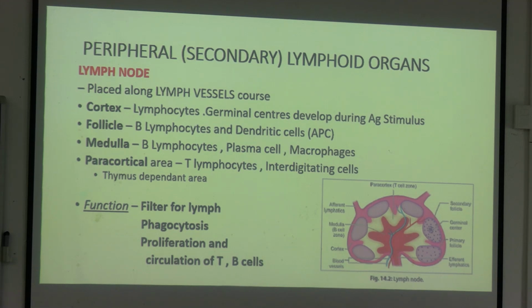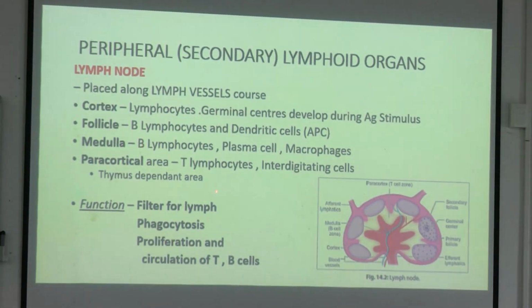Coming to the secondary lymphoid organs, the primary ones, thymus and bone marrow, are done. Now the secondary lymphoid organs, most important is the lymph node. I'll not go into the details of the lymph node locations, you will be knowing it. Lymph nodes are located along the lymph vessels. Okay. Now they are divided into cortex, follicle, medulla and paracortical area.